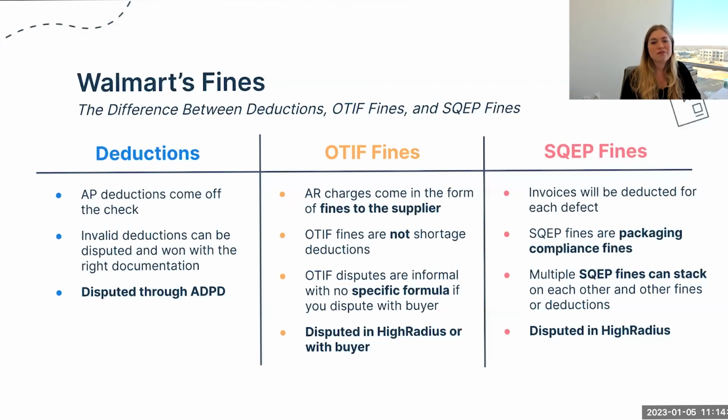So suppliers can be facing a pretty rough situation when it comes to fines on a single invoice. We've seen suppliers see deductions, OTIF fines and SQUET fines all in the same check, where they're getting deducted over 6% easily. SQUET fines are also disputed in HighRadius, but there is more information coming out around that.